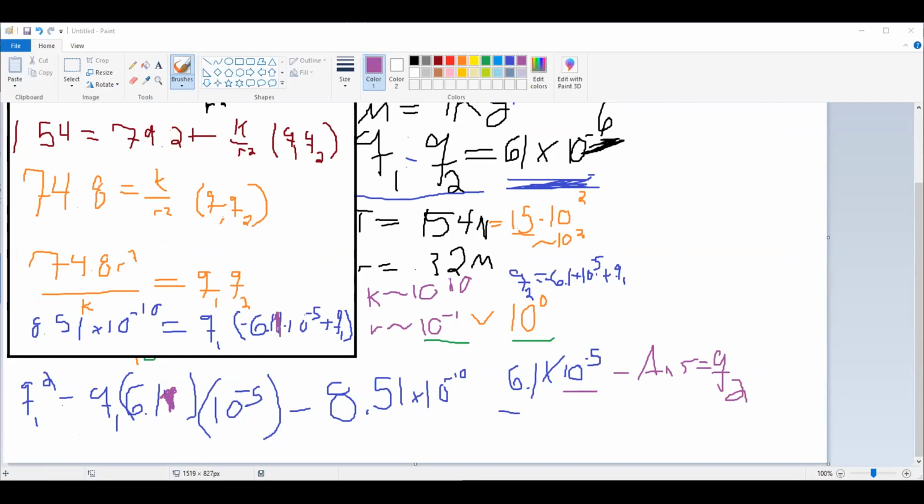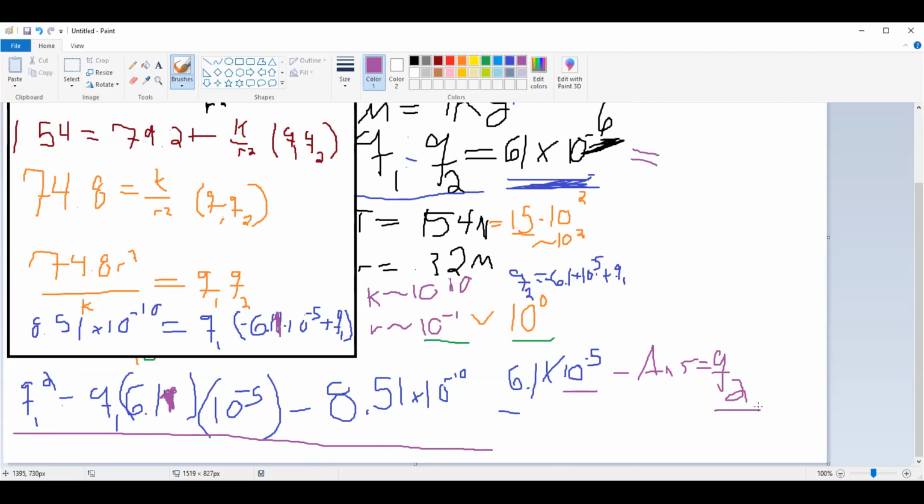Well, how do we get 10 to the negative 5? So 61 microcoulombs is 61 times 10 to the negative 6 coulombs, right? And so this is 6.1 times 10. I just pulled that 10 over and get 6.1 times 10 to the negative 5. Then doing all the rest of the calculations the same way, and keeping extra careful track of our powers of 10, I got that the other value was on the same order of magnitude, which makes sense.